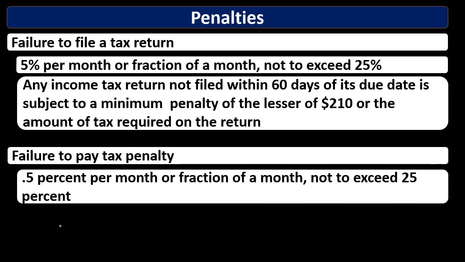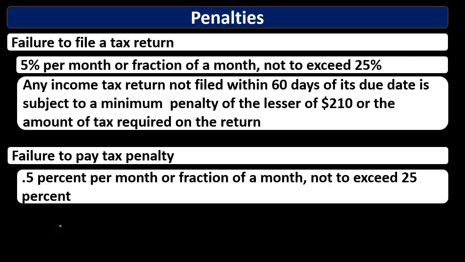Note that just because we filed doesn't mean that we've met all our requirements, because the IRS wants their money as we earn it. Meaning, if we're talking about the end of the year, if we just filed our return and paid our taxes at that point in time, the IRS would still think that we paid late. As we know, we typically get the taxes withheld from our paychecks during the year.